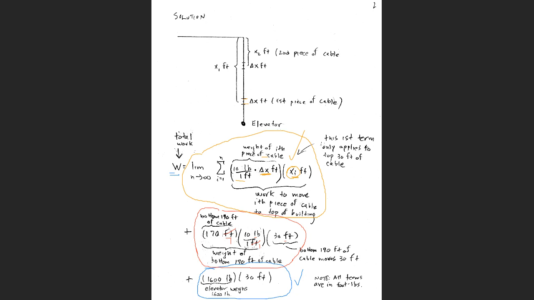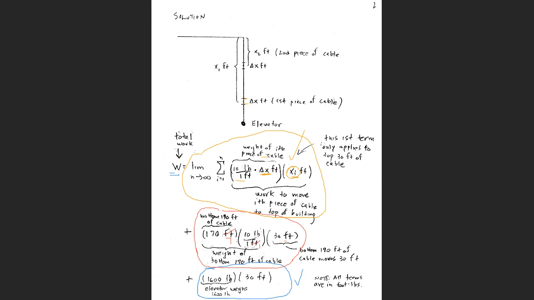Marcus? Would it be 200 and 0? Well, the 0 is good, but let me ask you this: the top 30 feet of cable, the piece that's 30 feet down, how far does that get moved? You're moving the elevator 30 feet.